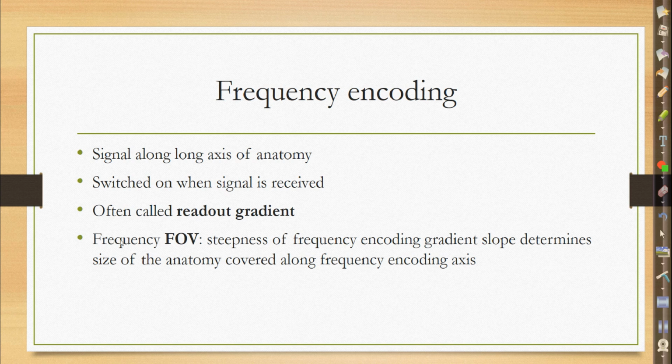The frequency encoding gradient determines your field of view. What's your field of view? It's similar to X-ray. What's the field of view in X-ray? Could be, but basically what your collimated field is, right? So if you open up your collimators to get more light on your image, you have a larger field of view.